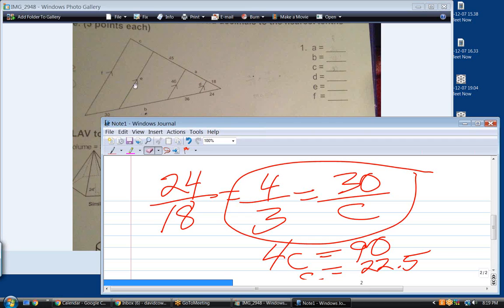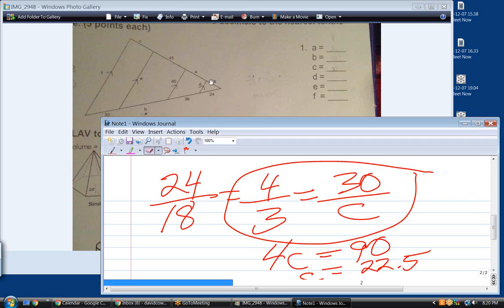Now to solve for E, we have to use the same kind of analysis as we did before. Let's compare this triangle with this big triangle. Well, we want to compare 18 to what? 24.